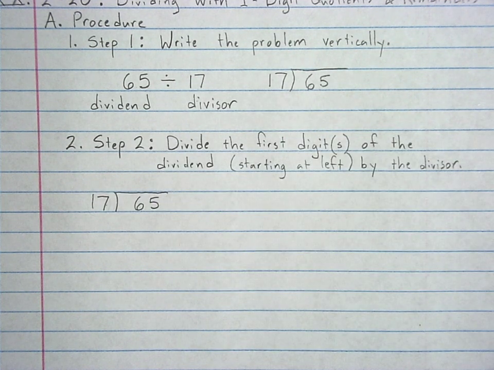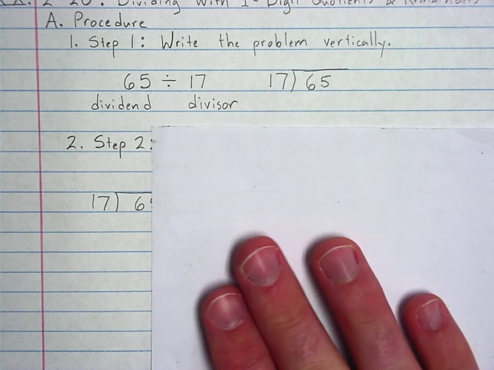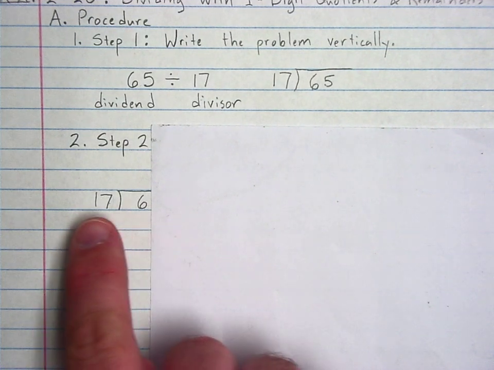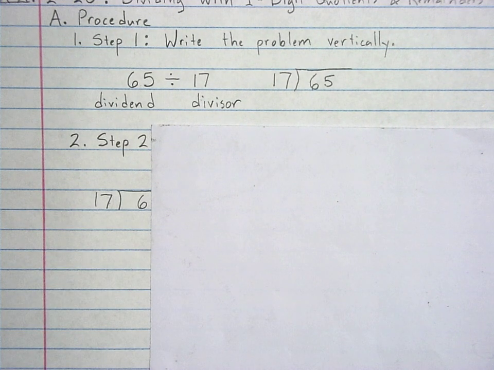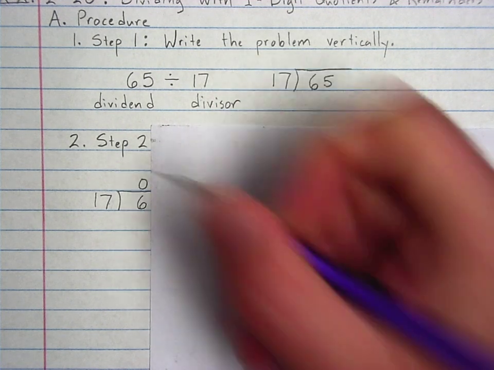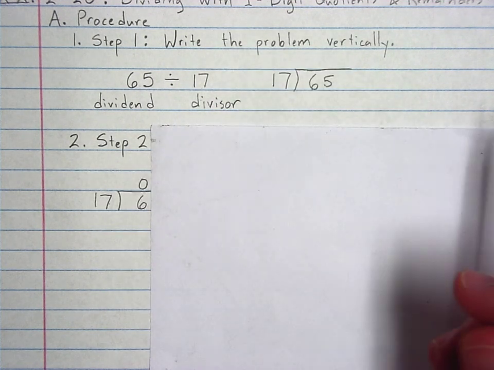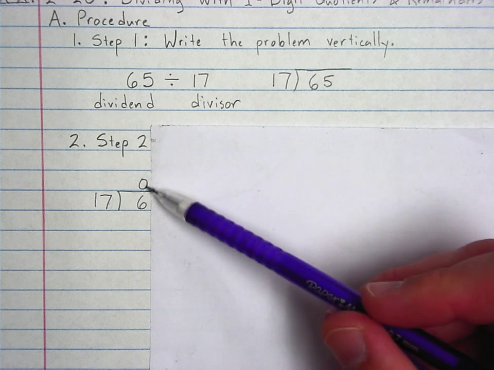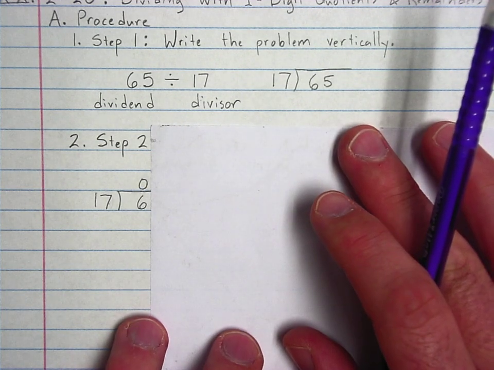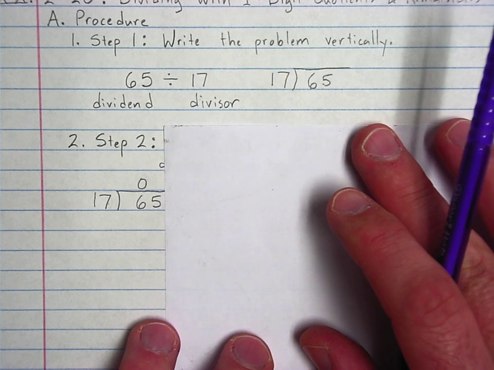If I cover the rest of the problem up with a piece of scratch paper and just say 6 divided by 17, that's not going to work evenly. If I have 6 marbles, I cannot pass them out to 17 people. So I'm going to put a 0 here to show that that's not happening. Graph paper is your friend. All right. I'll slide this over.